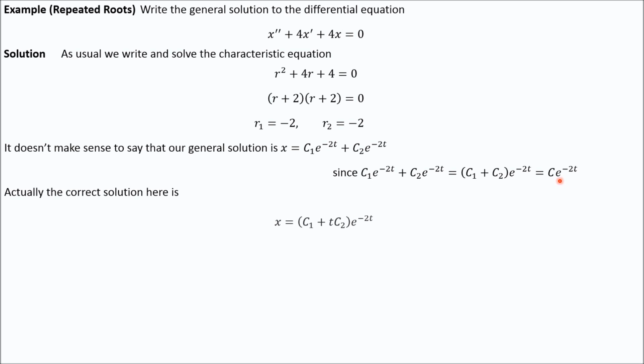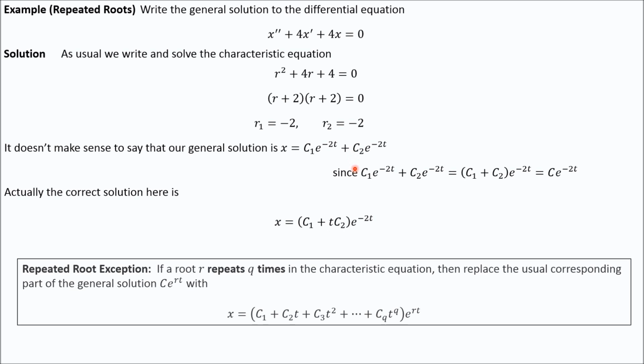The way you do it, first of all, you have your regular C1 e to the minus 2t, just as before. Then your second solution is tC2 e to the minus 2t. So what you do is you multiply your second solution by t. That's the trick. In general, here's the rule. The repeated root exception, as promised.